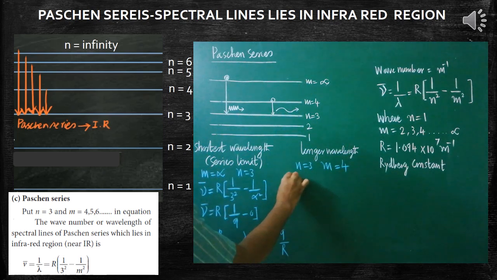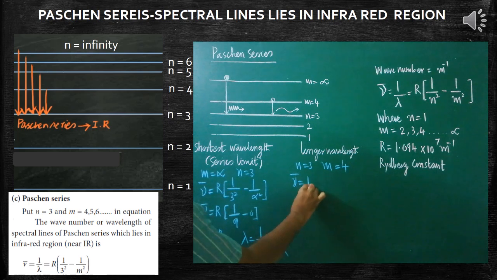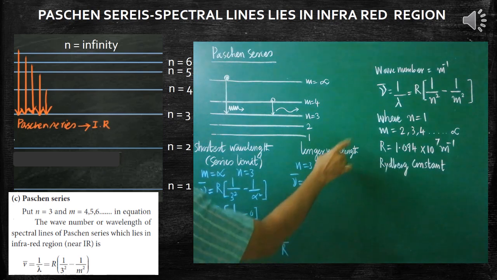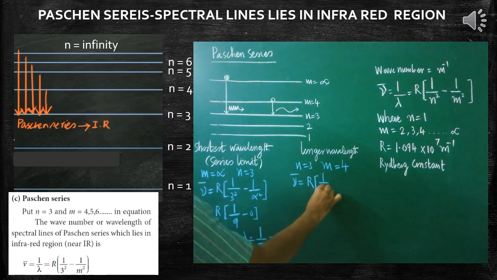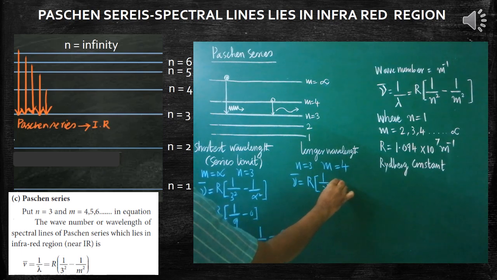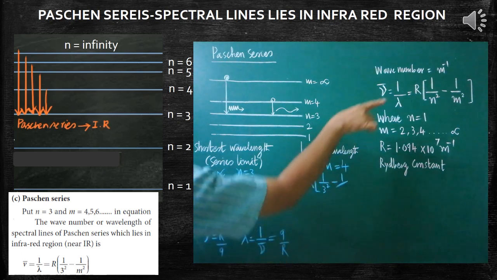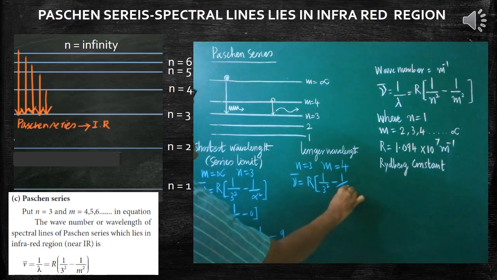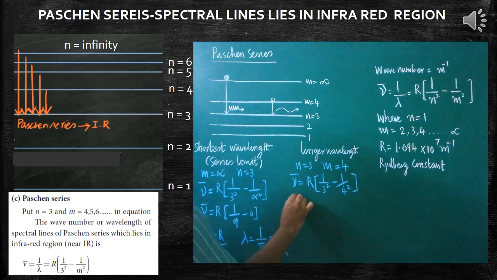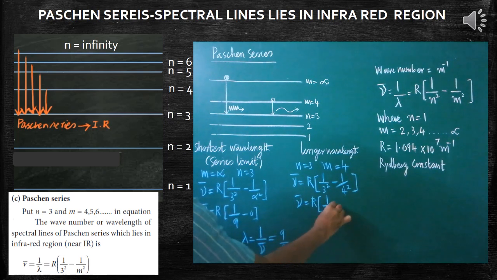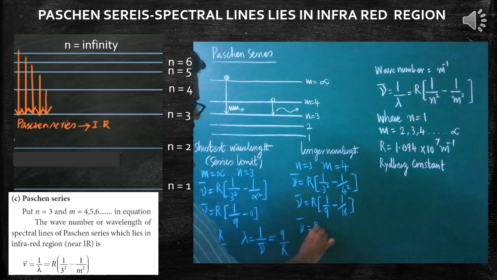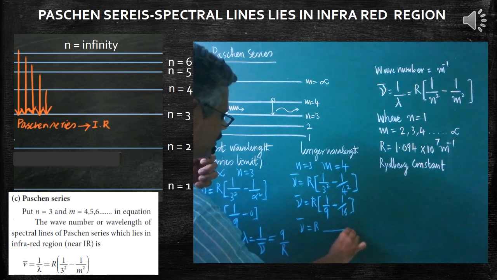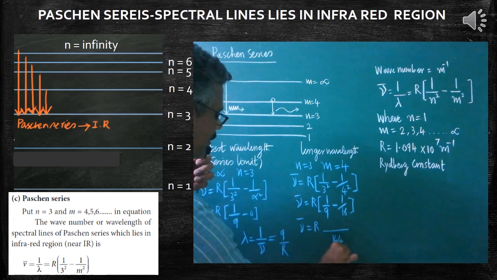So what is the formula? Nu bar is equal to r. So here instead of 1 by n square, substitute 1 by 3 square minus 1 by, instead of m, 4 square. So after that what will happen? Nu bar is equal to r, 1 by 9 minus 1 by 16 you will get. In the next step, you can write 144 here after multiplication.